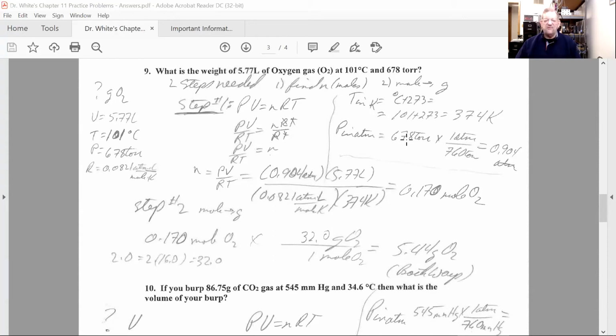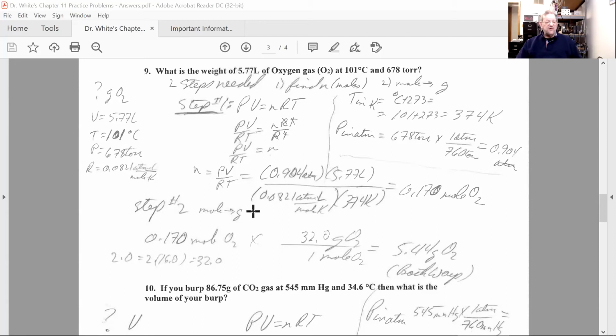I want to go from torr to atmospheres. This goes on top. This goes underneath. 1 atmosphere is 760 torr. This is the atmospheres. And now I can come in here. My pressure in atmospheres is this. My volume, which should be in liters, I can put in there. R is this. Temperature in Kelvin. And this is how many moles of oxygen I have.